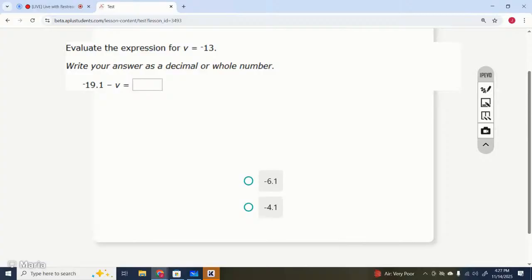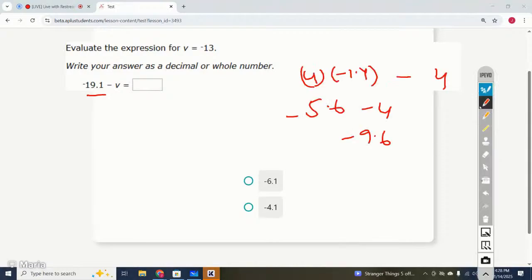So negative 19.1 minus v equals, so negative 19.1 and minus, let's just put in the values.